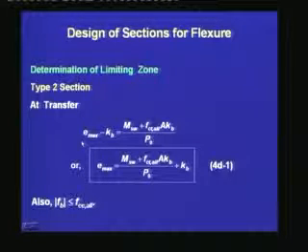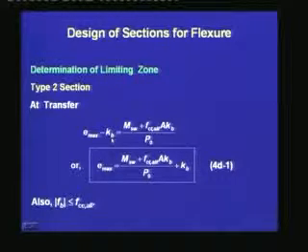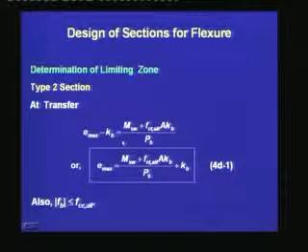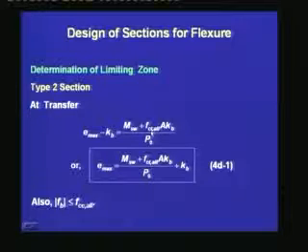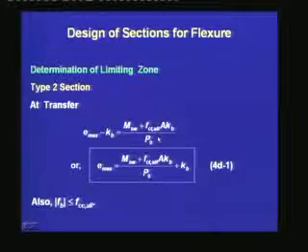We can write that the distance between the CGS and the bottommost kern point, which is equal to e max minus kb, is equal to MSW, which is the self-weight moment, plus FCT allowable, which is the allowable tensile stress at the top, times the area of the section A times the kern depth kb, whole divided by P0, the effective pre-stress at transfer.